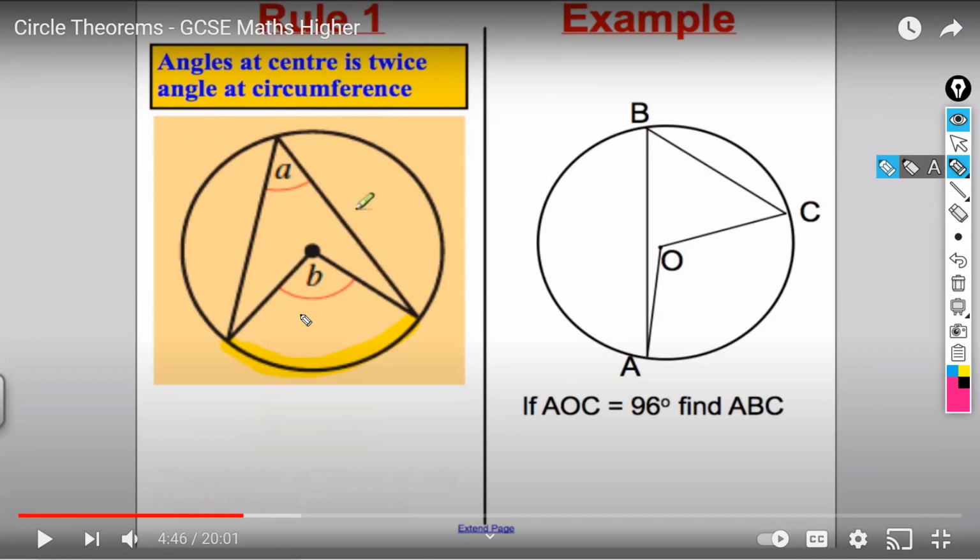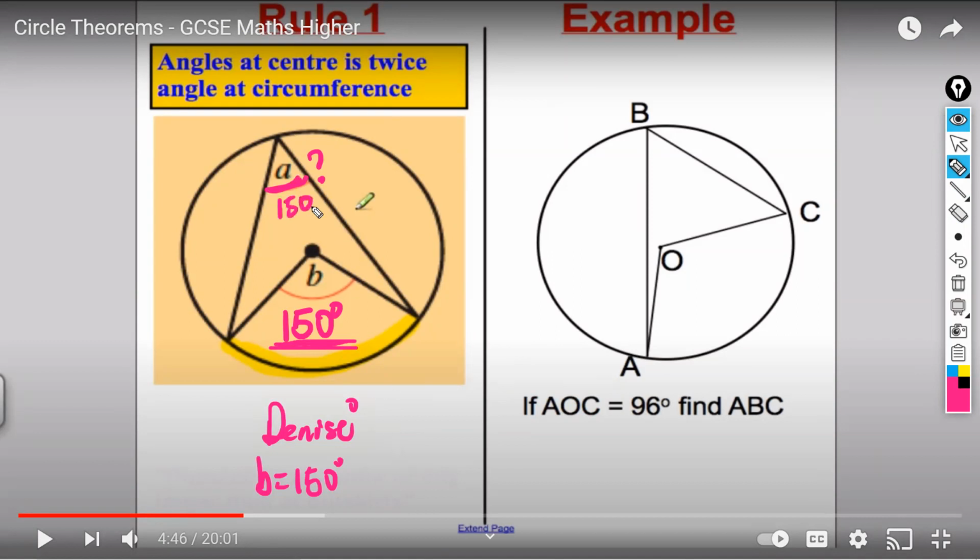Yes, so let me give somebody an example. If here is 150 degrees, Denise, how much is the angle up here? So if B is equal to 150, how much is the angle up top? 300. No. This one is the big one. This one is a small one. So the A up here should be half: 150 divided by 2. So it should be 75.